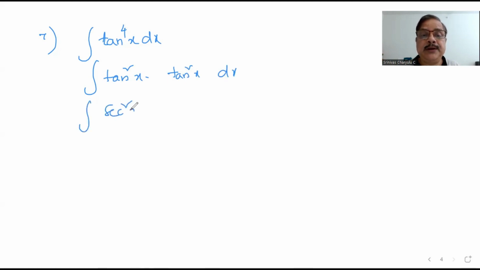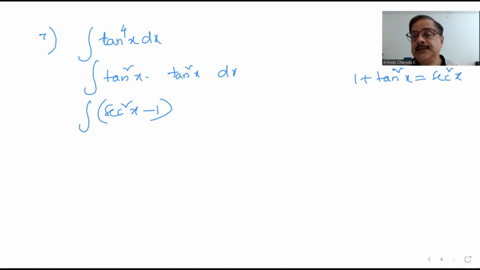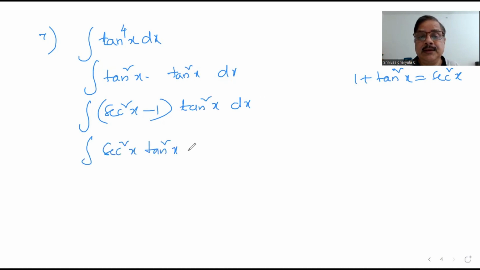Then this first one you write as secant squared x minus 1, because this is the identity for you: 1 plus tan square x is equal to secant square x. So for tan square x, you write this. Then this second tan square x you retain as it is. So secant squared x tan square x minus integral tan square x dx.